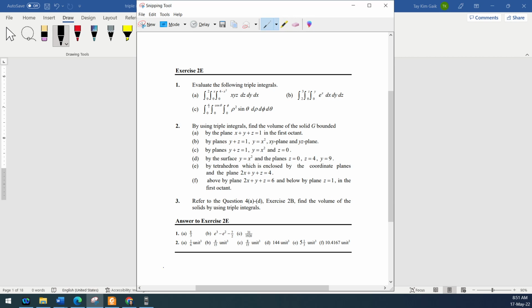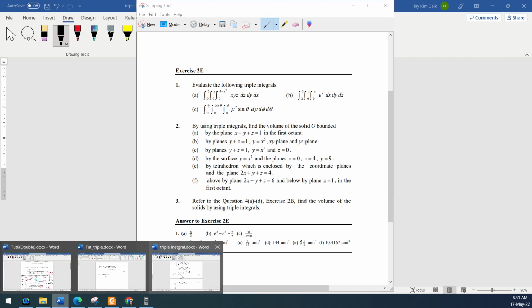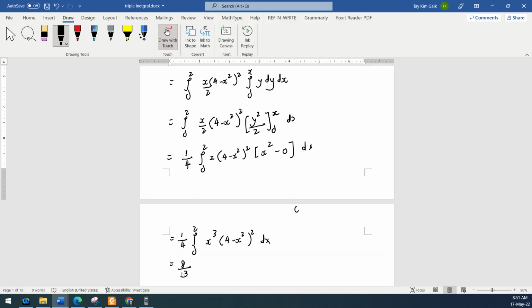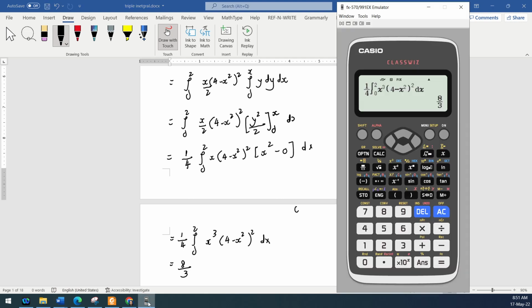Yes, answer 8/3. Can you show me how to plot it into the calculator again? You find the integral button. You just need to find your integral button. But those who use MS, please change your calculator, because with MS you couldn't see the integral symbol.